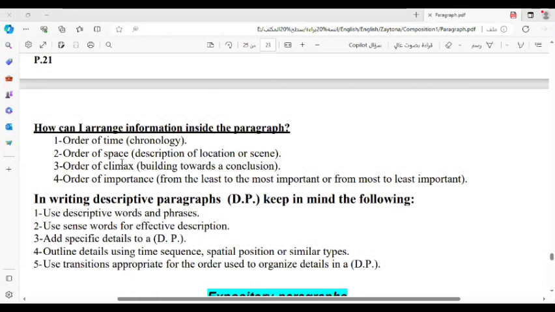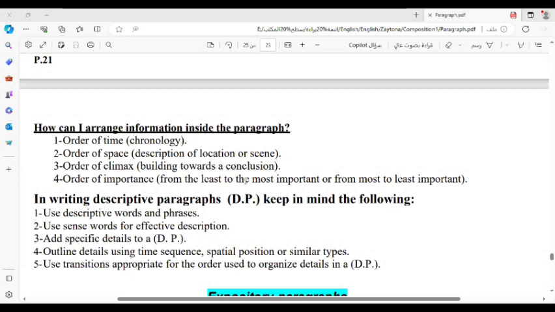Order of space: description of location or scene. For example, you are describing the external part of the village and the internal part of the village. So you need, for example, to start with the external, then go to the internal. You need to be logical while you are describing something.